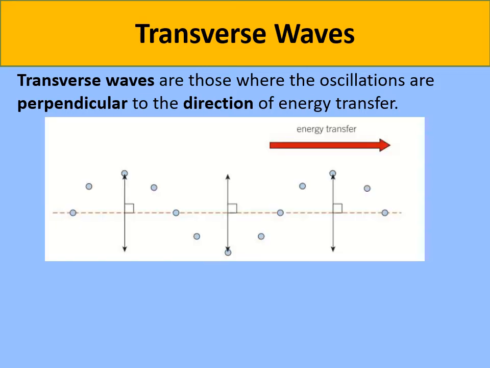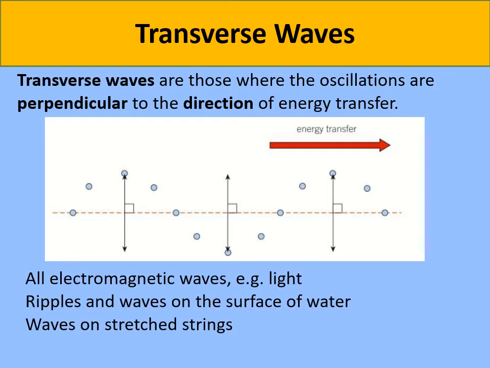So if these little circles represent the particles on a wave, which could be generated by a slinky, for example, then we can see that the vibrations or the oscillations are up and down, and they are perpendicular to the direction of the wave or the direction in which the energy is being transferred of that wave.